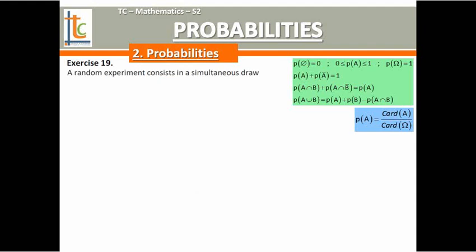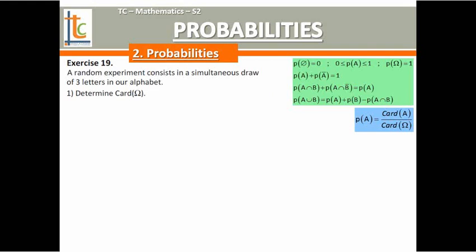Exercise 19. A random experiment consists in a simultaneous draw of 3 letters in our alphabet. Since you are drawing more than one element in an initial set, things are complicated, and you have to use combinatorics in this kind of exercise.